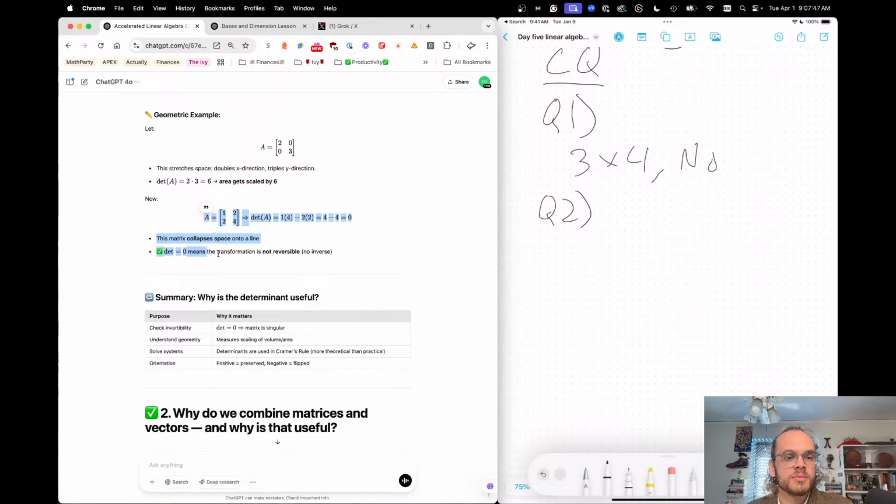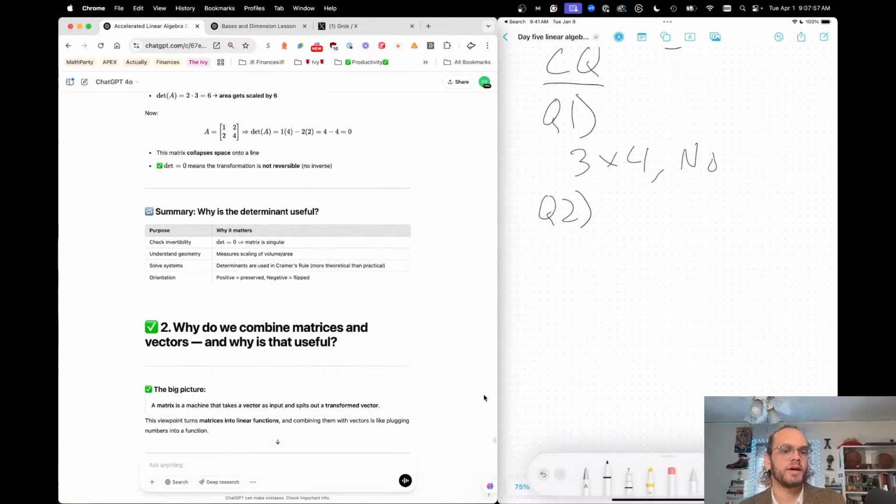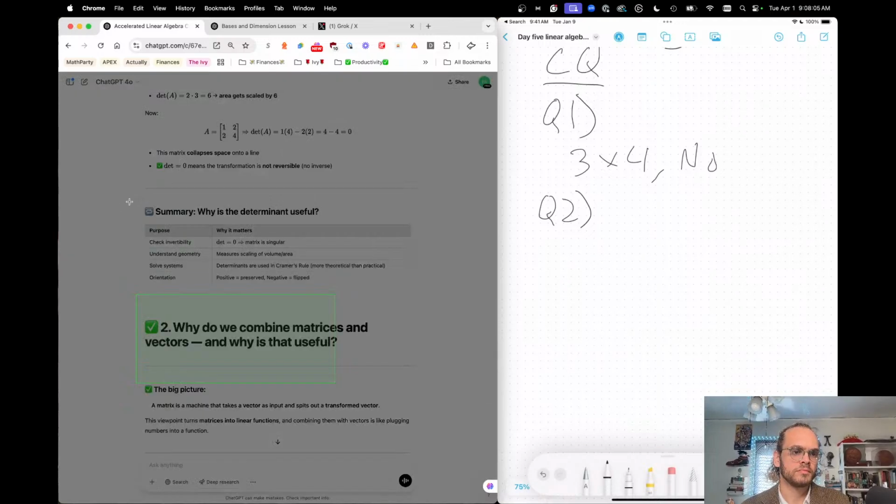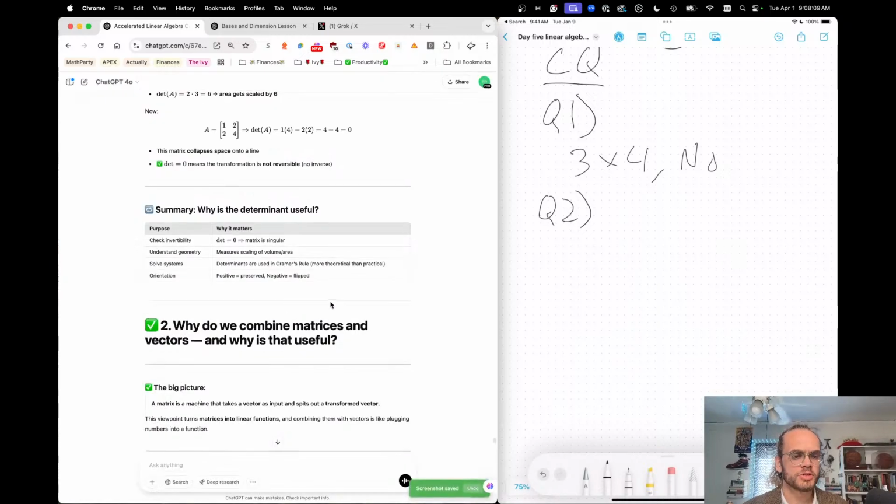Maybe part of my issue is I'm thinking of vectors as one-dimensional lines, and vectors can be two-dimensional planes too. Okay. Yeah, Cramer's rule is something I'm familiar with that we'll get into, I'm sure.